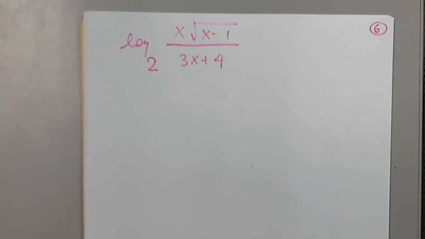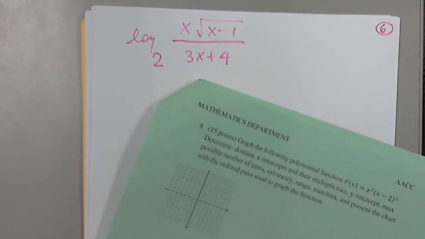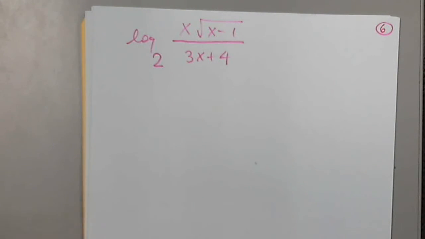The next one, number 8, is not part of this test. It was part of the previous test. Okay, so how do I expand this? Where is my starting point? Getting rid of the fraction bar.